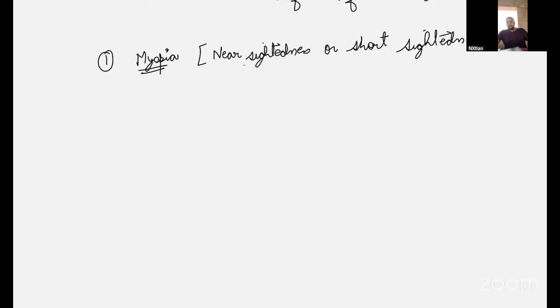For example, if I see the board in front of me, what is written on that board, I am not able to read it, but I can easily read what is written in the book which is near me. That is called nearsightedness. Near sight is correct, myopia. Near sighted. Short sighted. Got it?